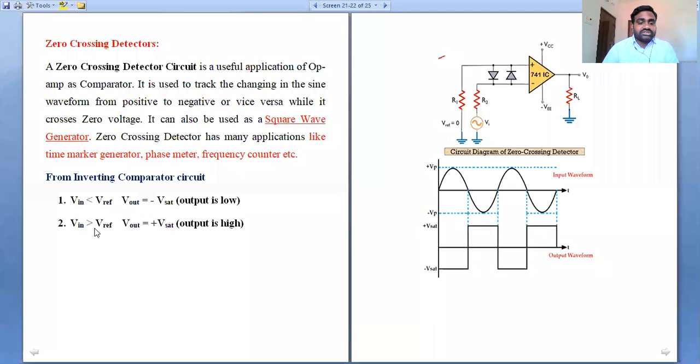If the input voltage is greater than the reference voltage, the output voltage is plus Vsat. So if we see the output waveform analysis at this condition, the input voltage is a sinusoidal voltage.